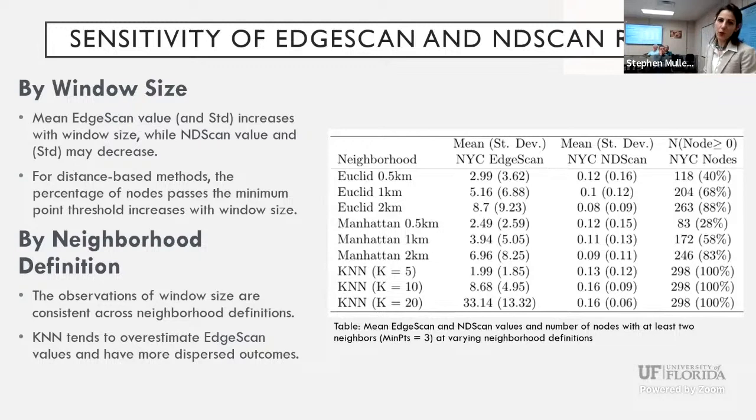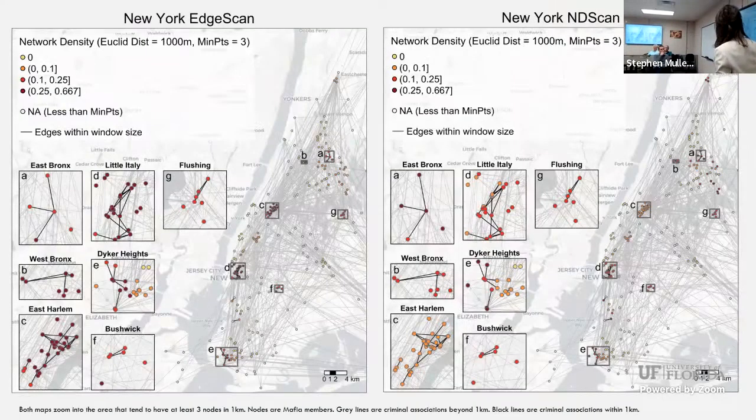So let me show you where these are. Here's an example of the edge scan statistics, and here's an example of the network density scan statistics. This is not the result of a sensitivity test because it's just one example, using Euclidean distance at 1 kilometer. We found some statistically significant areas where they're dark using our scan statistics.